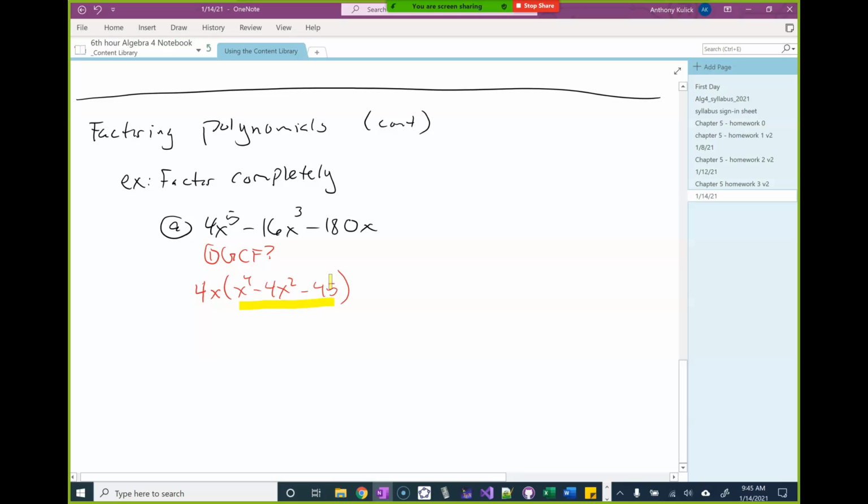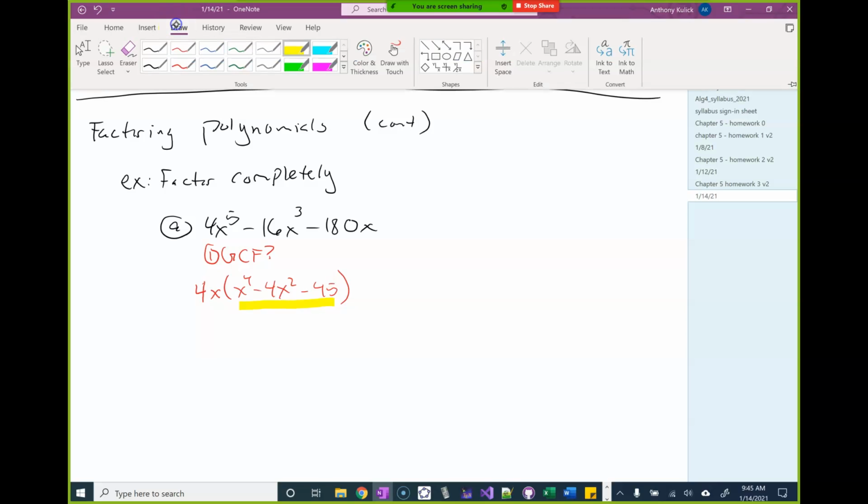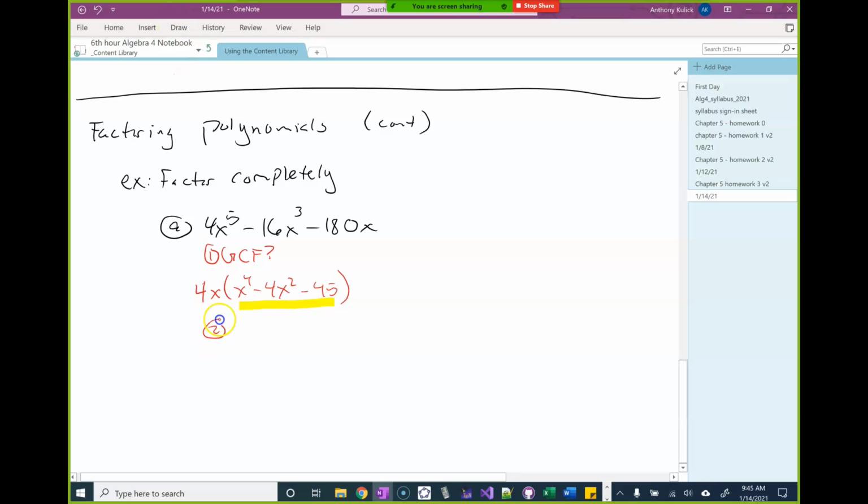So when we look at that, we're going to look at the numbers. How many terms do we have there? 3. Okay. So if you look at your factoring tree, the 3-term branch, the first thing we ask is, is it in the quadratic form? To tell if something is in the quadratic form, you need to do 2 things.